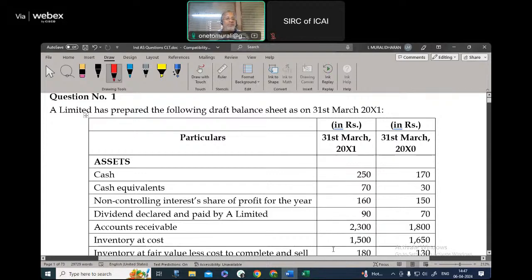Question number 1: A Limited has prepared the following draft balance sheet as on 31st of March X1.